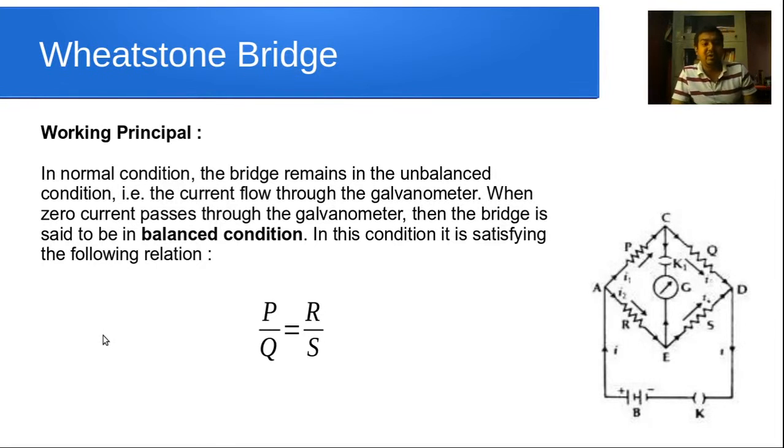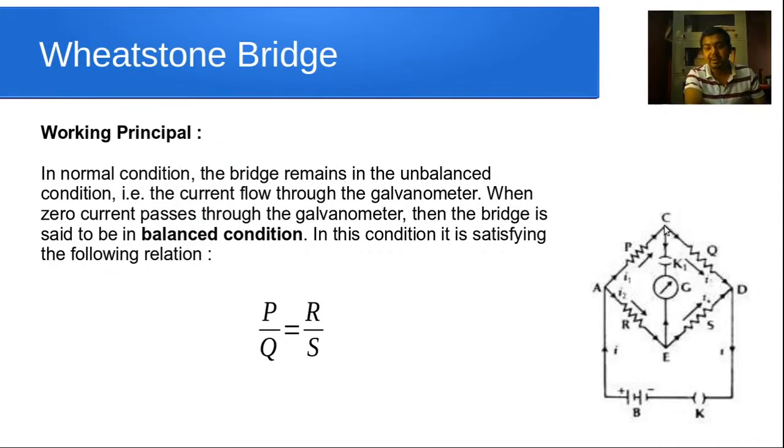Working principle of a Wheatstone Bridge. A Wheatstone Bridge is a system where there is a battery, with a positive terminal and a negative terminal. Current flows from the positive terminal towards the negative terminal, and here the current flows in two divisions, I1 and I2.